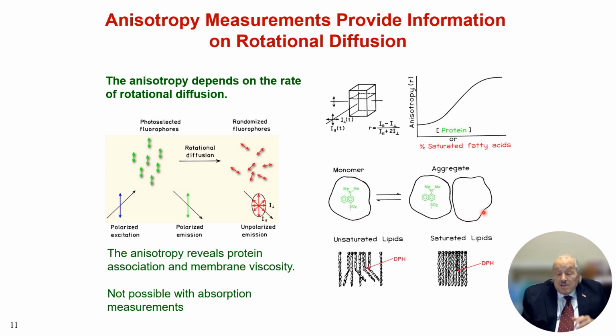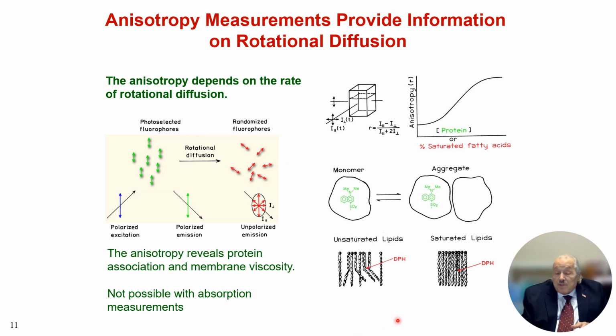As that happens, the rotating species becomes larger. I'm assuming the fluorophore is just on one of those species. And when that happens, the anisotropy goes up. So you can get a calibration curve and measure the binding constant and the limits or the stoichiometry of the binding.